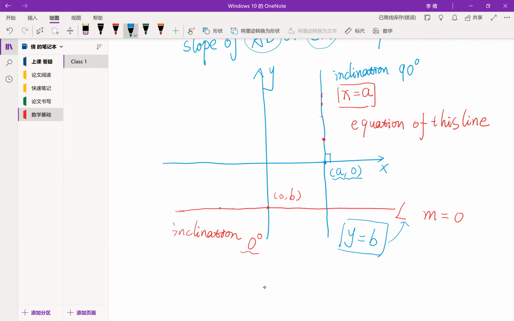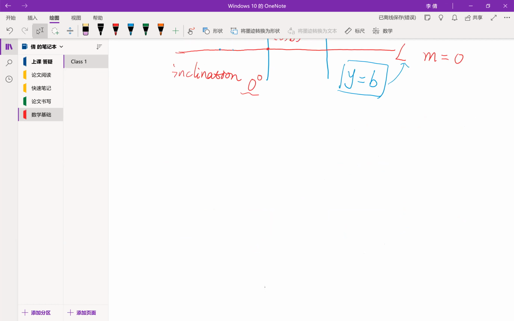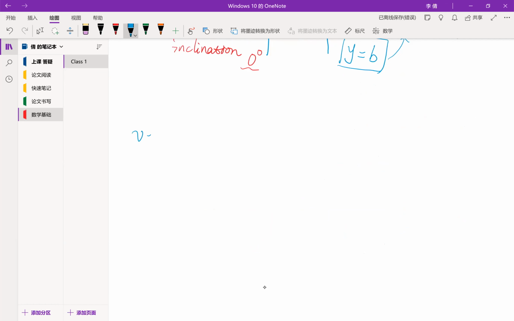And let's see some questions. Let's say there is a vertical line, and this line passes through the point (1, 2).